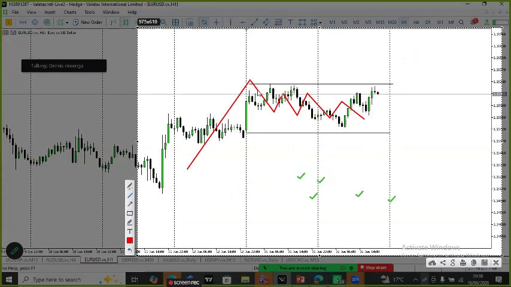So now, market is caught in what? In an internal range or internal structure. So how do you identify the internal structure? The internal structure is caught between what? The highest price of the previous day and the lowest price.